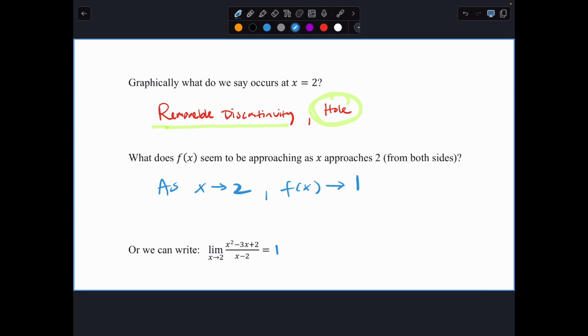So even though the function is not defined at x equals 2, its limit as x approaches 2 is equal to 1 because the function values are trending towards 1. Are we following this okay? Questions?